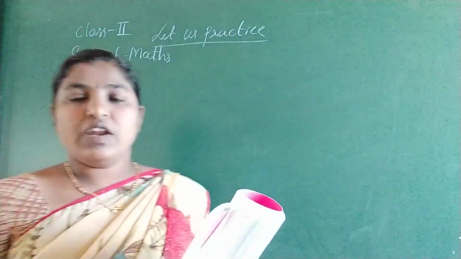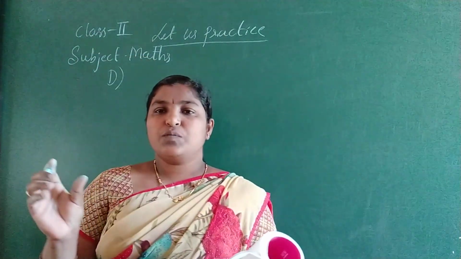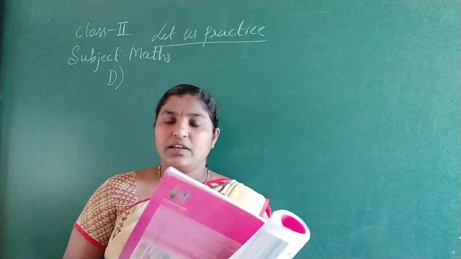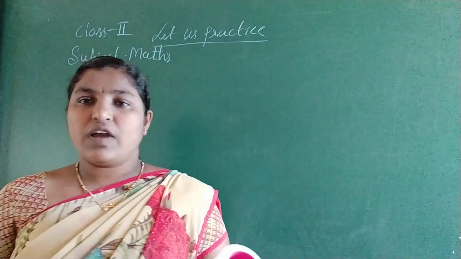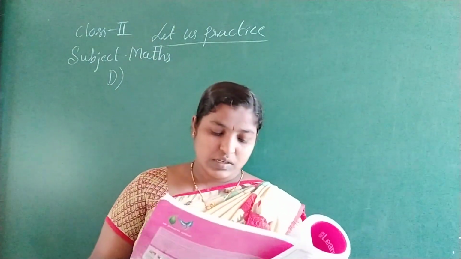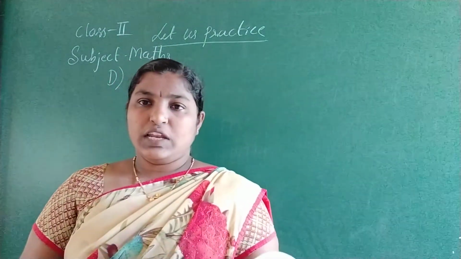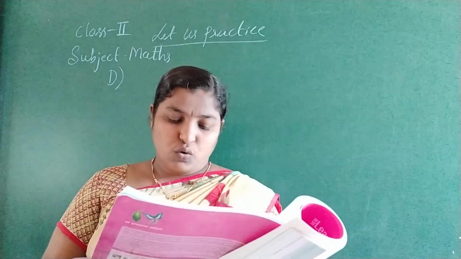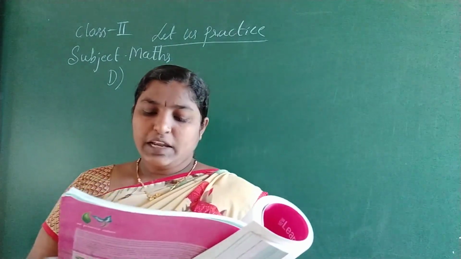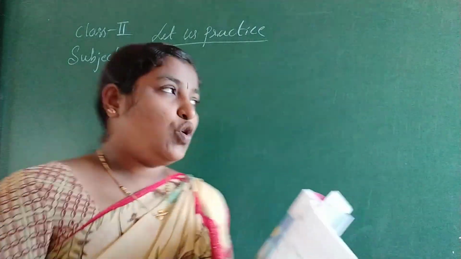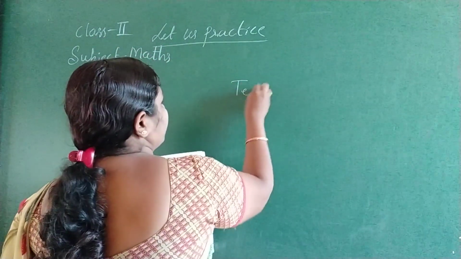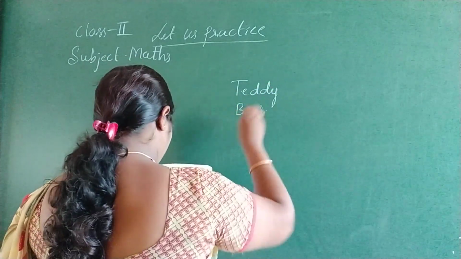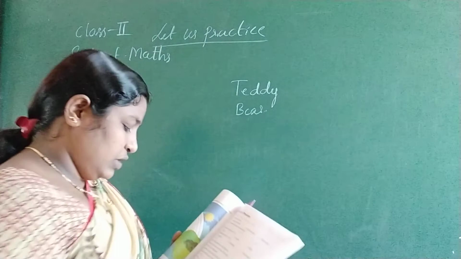In D, they have given some objects' positions in sentences. We should write it, and then we should identify the position of those objects. Three toys are put in a row. The teddy bear is in the middle.